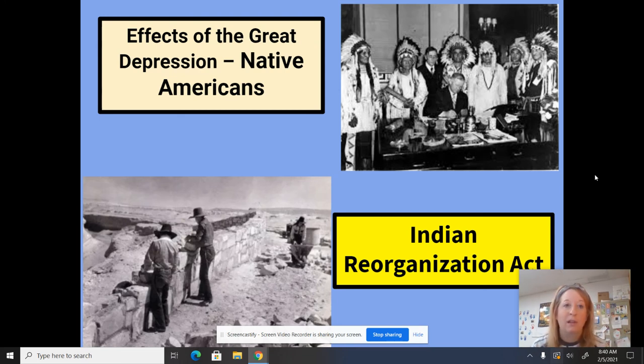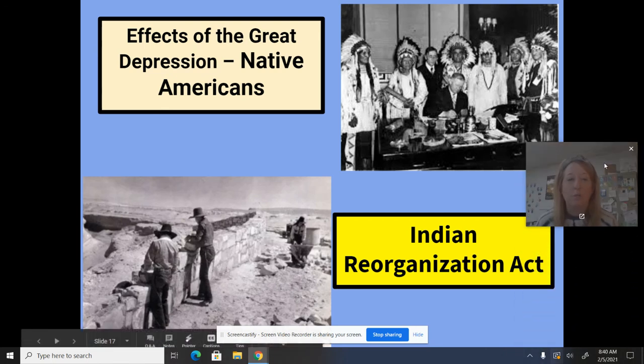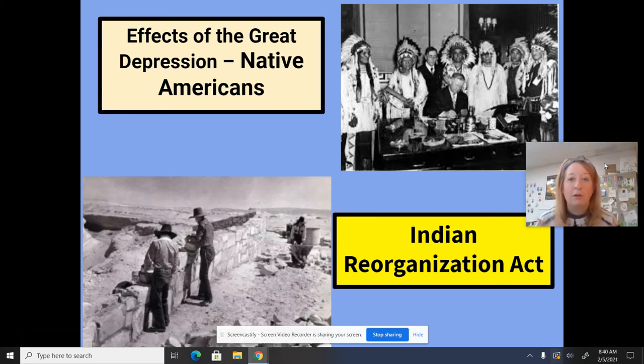It returned land to Native American tribes, and it basically allowed Native Americans to preserve their culture and to return to their land, their culture, and try and improve upon that land. And so many Native American tribes were given full autonomy over their land.